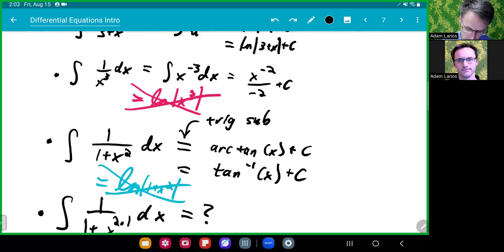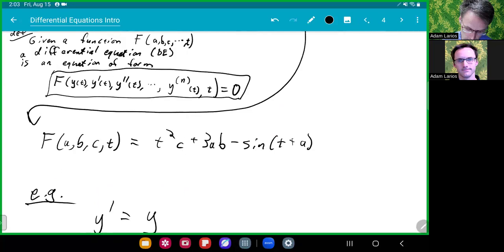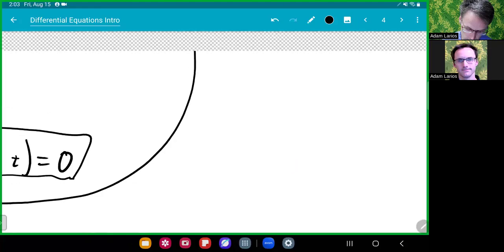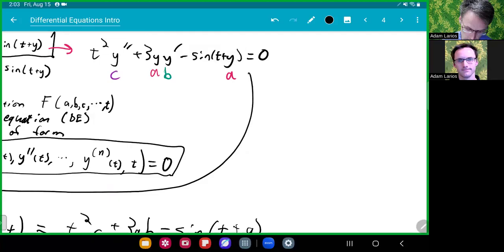How about that one from a little while ago? This equation here, you can pause and check if you like. Would this be linear or nonlinear? This is nonlinear for a few reasons. The y is multiplied by y prime. That's not allowed in linear equations.